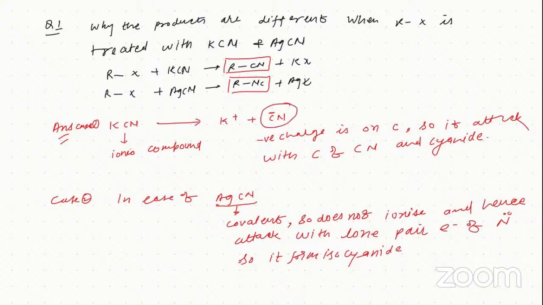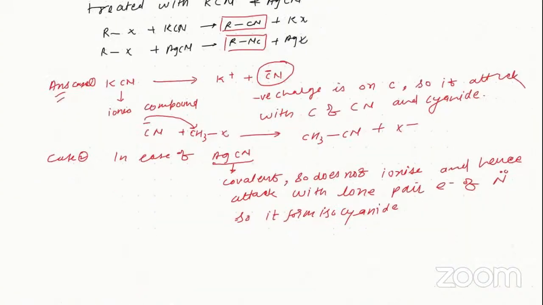So what is happening, you see, this is present in the form of cyanide ion. If I write CH3X, here from the backside, the CN minus ion will attack with the carbon. So it will give CH3CN plus X out. But in the second case, it is AgCN, and you must be knowing, this is a covalent compound.